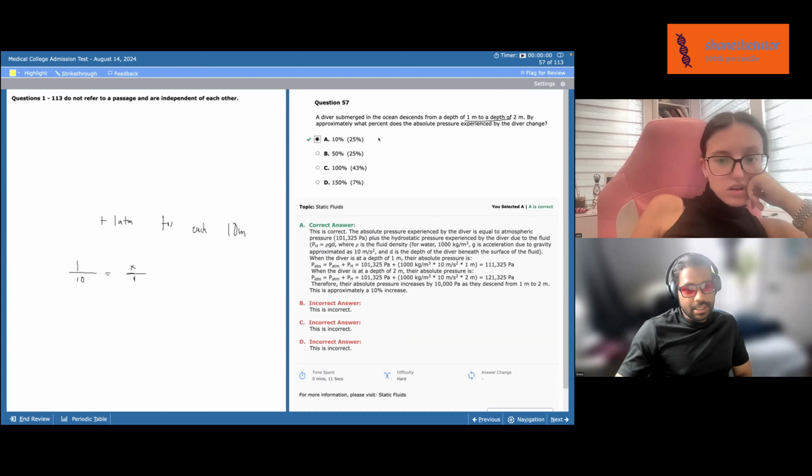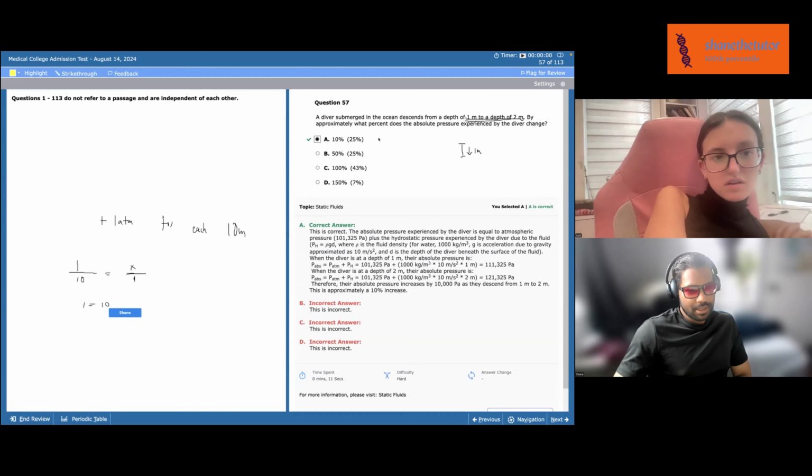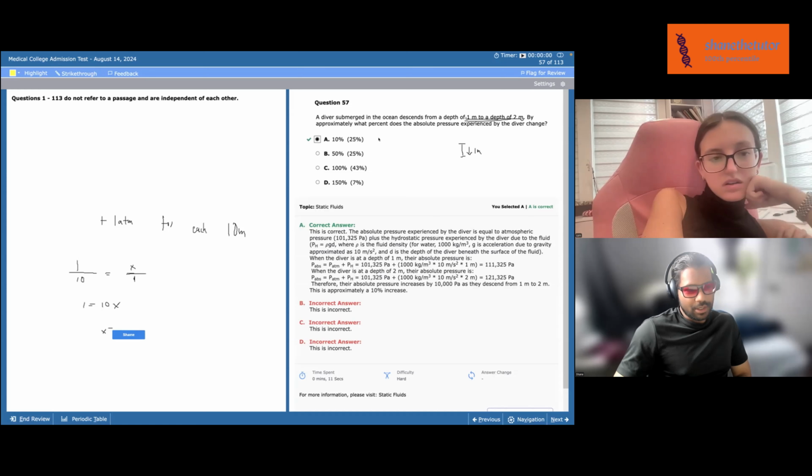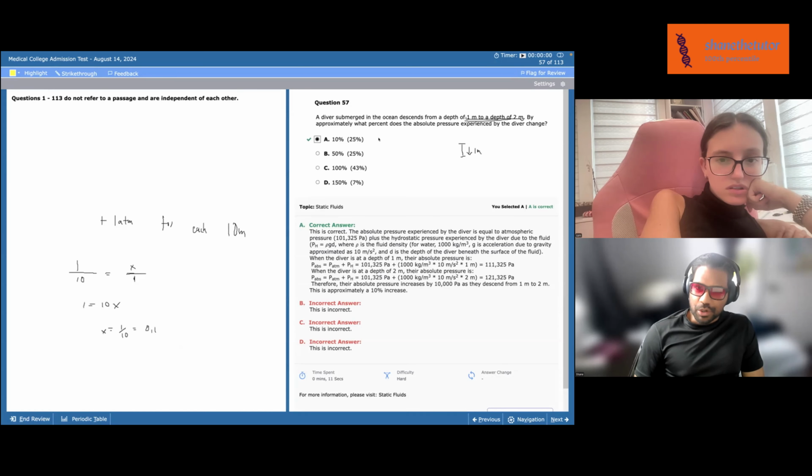Going from 1 meter to 2 is a change in 1 meter. So if you do this, we just get 1 is equal to 10x. Therefore, x is equal to 1 over 10, which is 0.1, which is 10%.